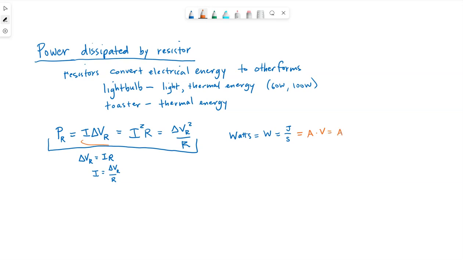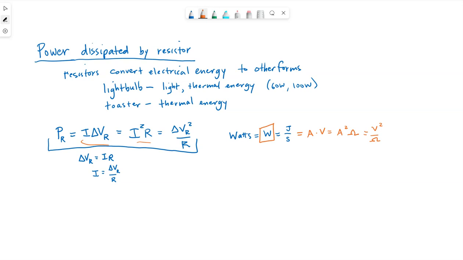That would also be amps squared times ohms, based off of this second one, or volts squared over ohms. So any of these are going to result in a watt. So the rate at which energy is converted from one form to another.